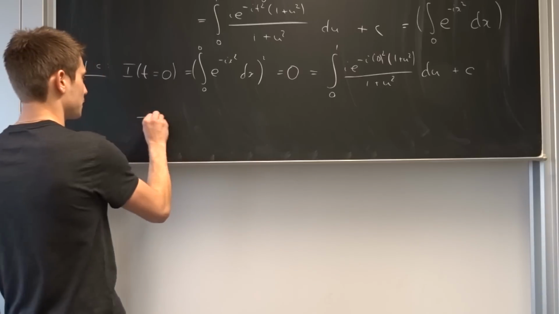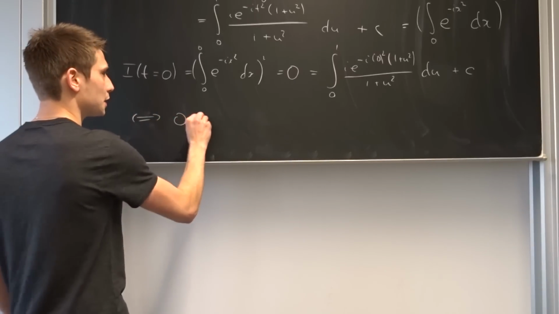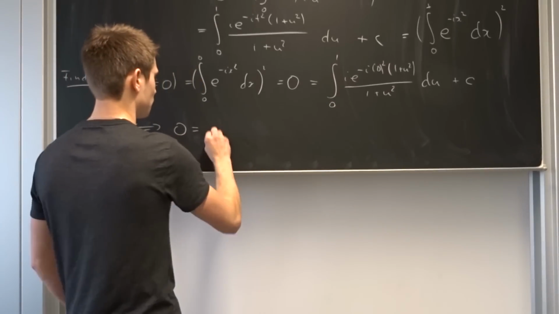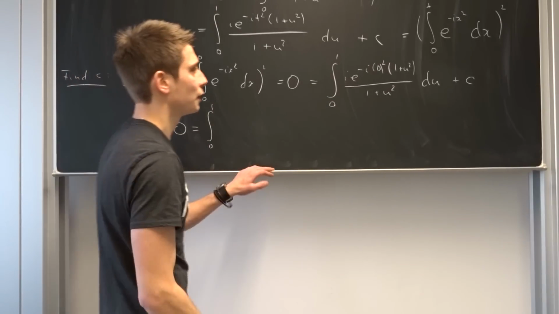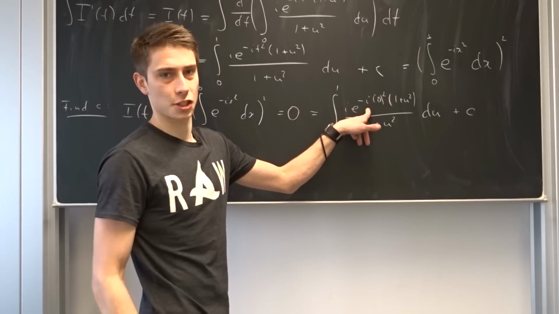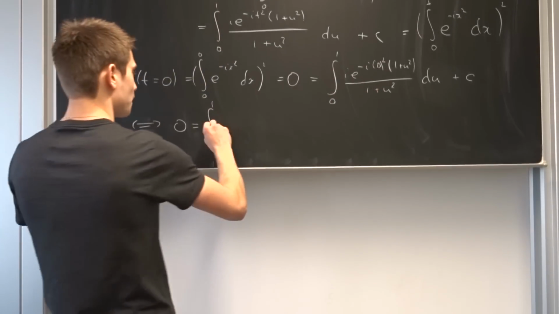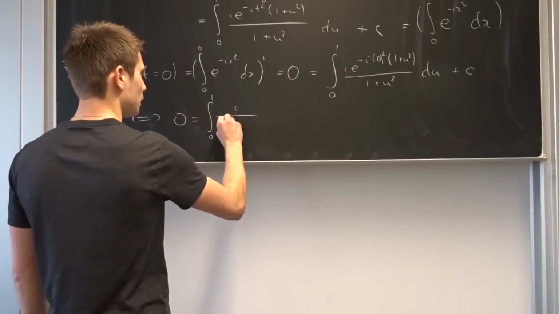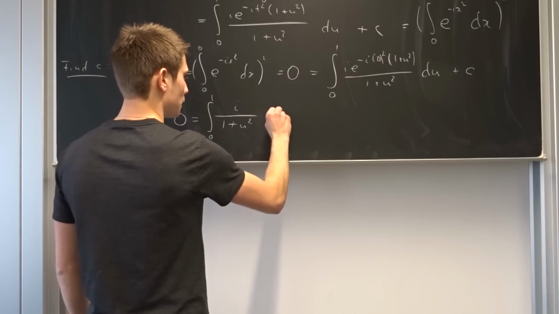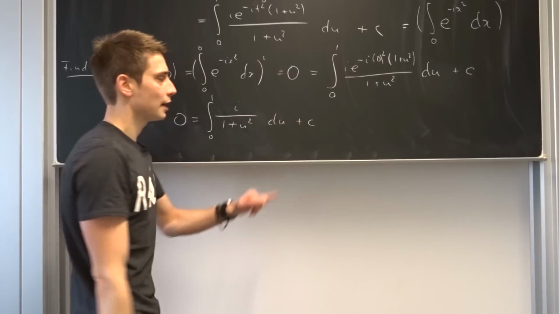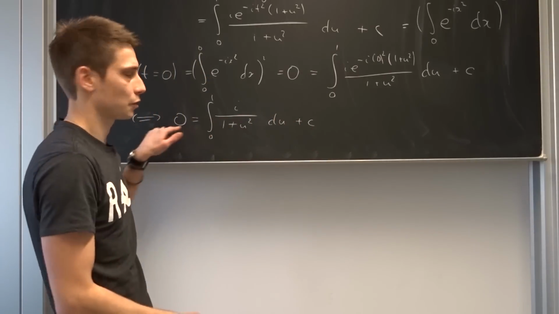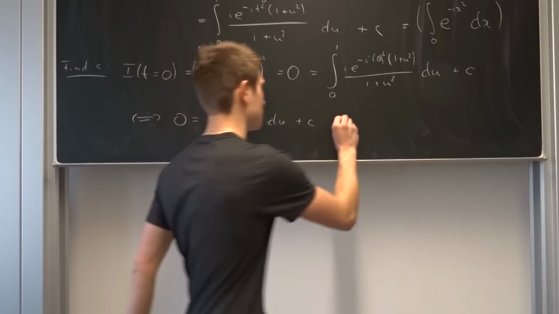So now let's conclude what we end up with. This is equivalent to 0 equals the integral from 0 to 1 of, so this just becomes 1 because it's e to the minus 0. So we've got i over 1 plus u squared du plus c. And now we can bring this term to the other side so that we can isolate c.